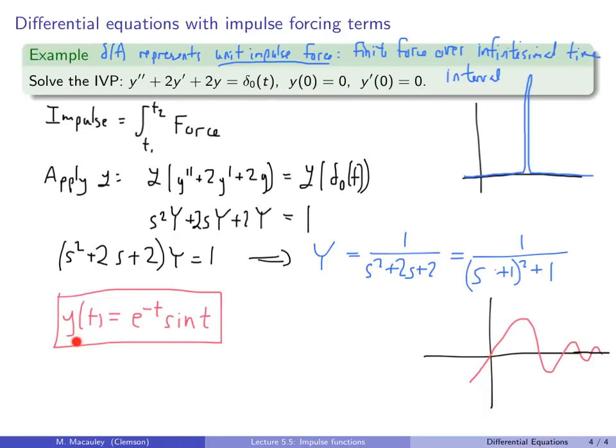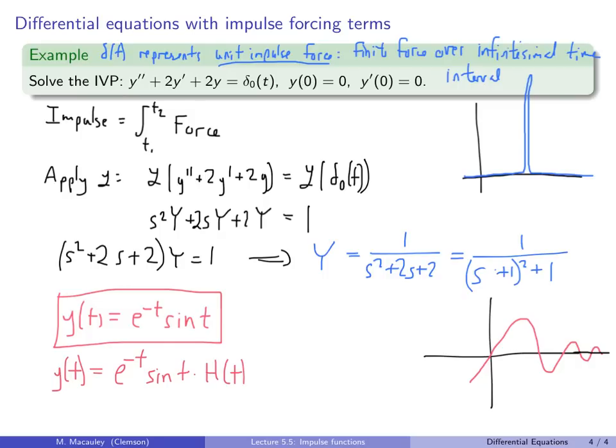We found this function, and it solves the differential equation, but it doesn't exactly match this. There is a resolution, because technically, what we were doing throughout is, I really should say that this function y of t is e to the minus t sine of t times the Heaviside function h of t.